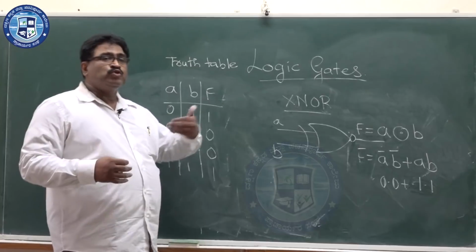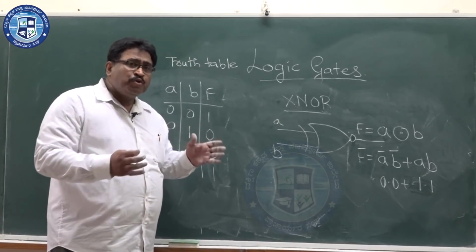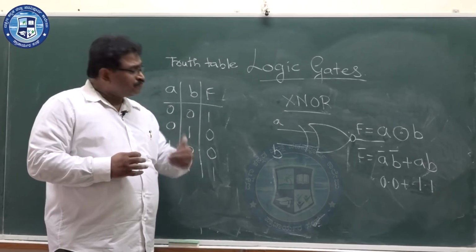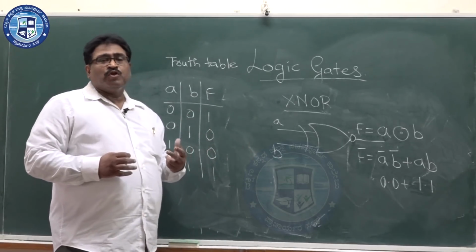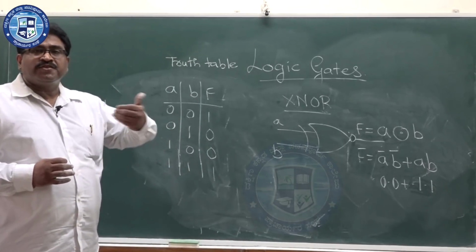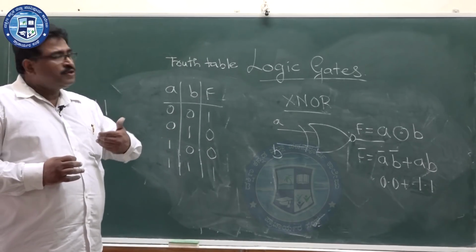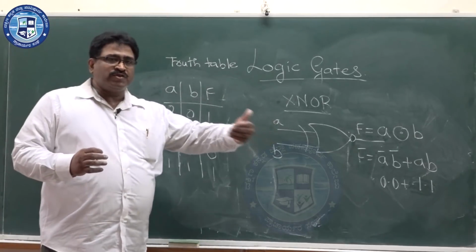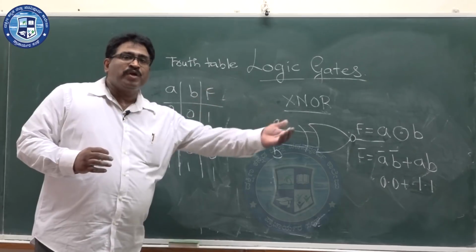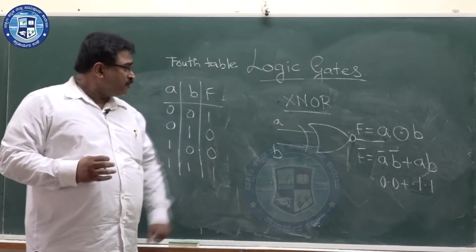The output becomes 1 when any one input is 1. Right? The third one was a NOT gate in the basic gates, and the NOT gate says that the output will be the inverse of the input. That means the complement of the input.